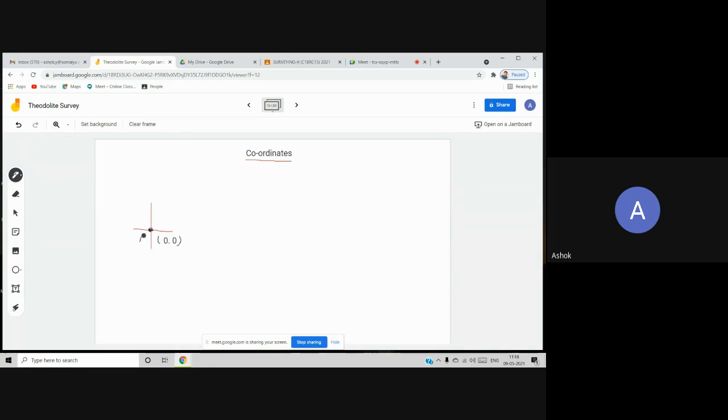Suppose there is another point, say B, whose coordinate is 5, 3.